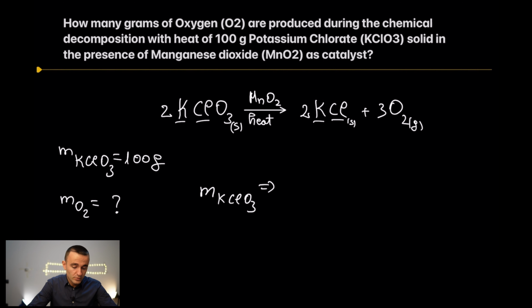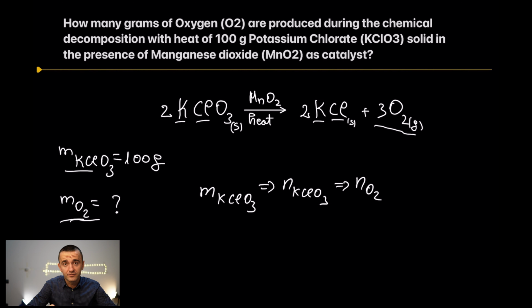So, because we cannot go directly from the mass of potassium chlorate to the mass of oxygen, first we can go to the number of moles of potassium chlorate. After that, again, we cannot go directly to the mass of oxygen without going to the number of moles of oxygen. So we are going to the number of moles of oxygen.